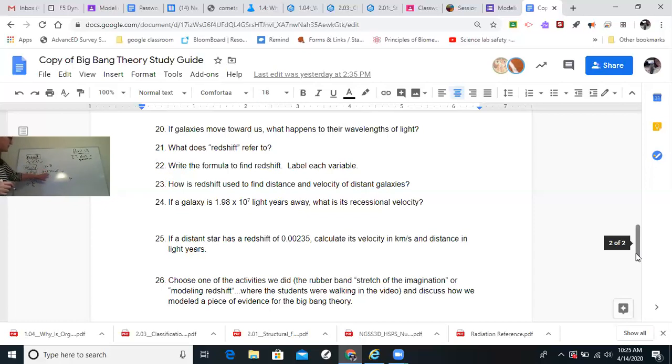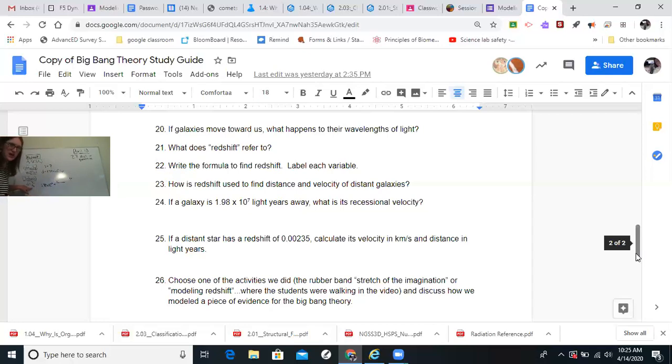So what I'm going to do is take this distance, and I'm looking for a velocity. So I know the formula has v and it has distance in it. So I'm going to use this formula right here, my distance formula. I'm going to take that number and plug it in. I'm going to say 1.98 times 10 to the 7th light years is equal to v, my velocity, divided by Hubble's constant.